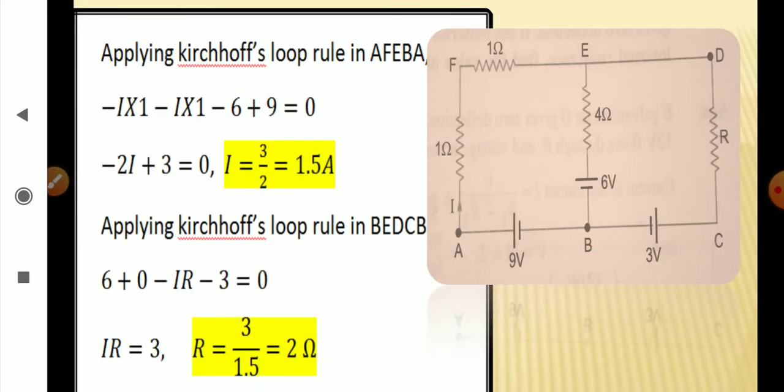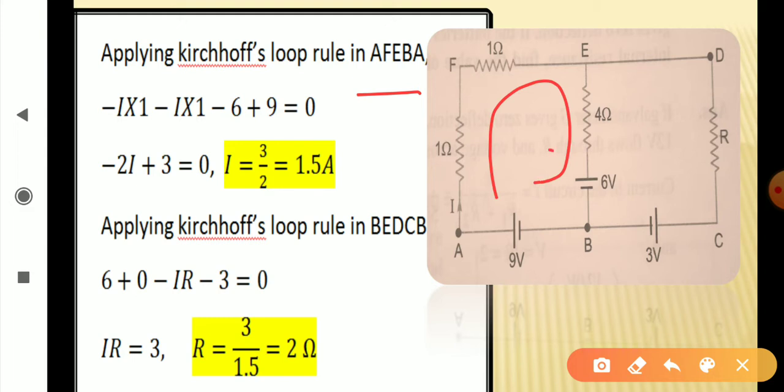Now look at the solution. We are applying Kirchhoff's rule in this path, and if you start at point A, the potential drop across this 1 ohm resistance will be equal to minus IR, that is minus I into 1, minus because we are moving from higher potential to lower potential, fall of potential is negative.